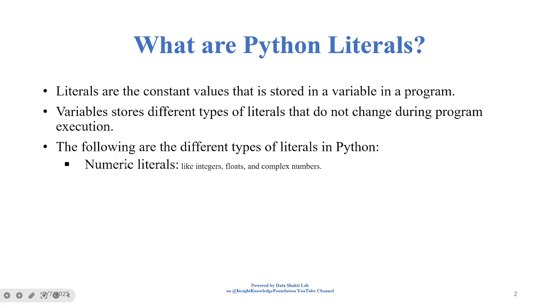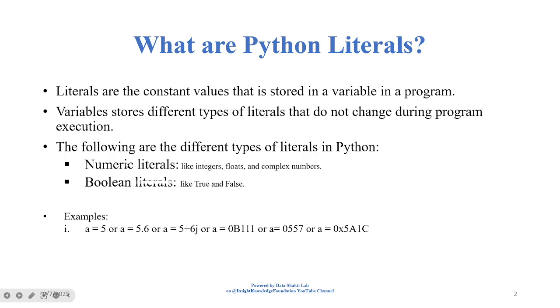We can understand it better with an example. In example 1, we can see that a variable A stores different types of numeric values. It can be an integer, float, or a complex number, or it may be a binary, octal, or hexadecimal number.